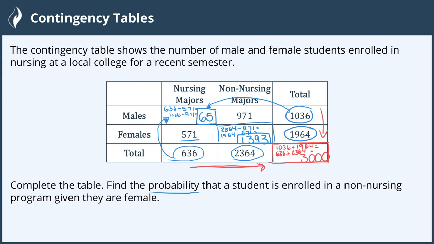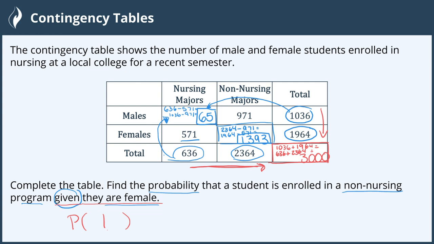Find the probability that a student is enrolled in a non-nursing program given they are female. The word given is a key to us that we are looking at a conditional probability. This means that I'm looking for a probability given a certain condition. And it tells us right here that it is given that they are female.